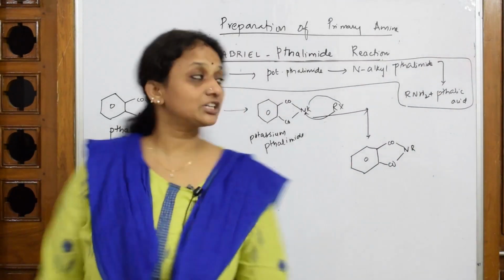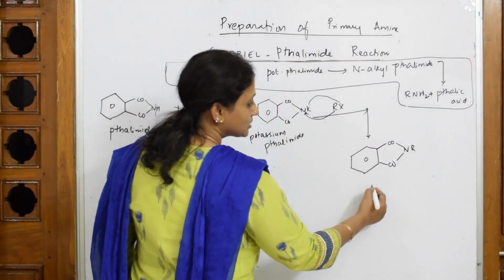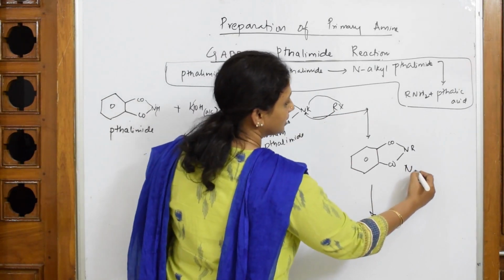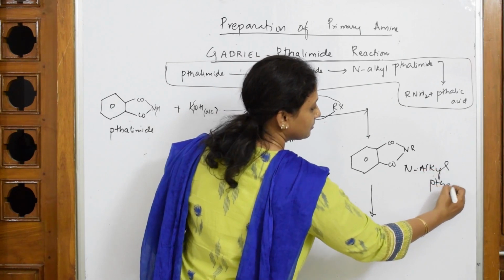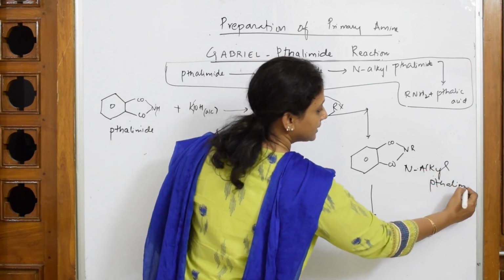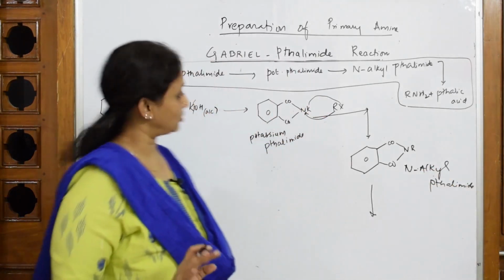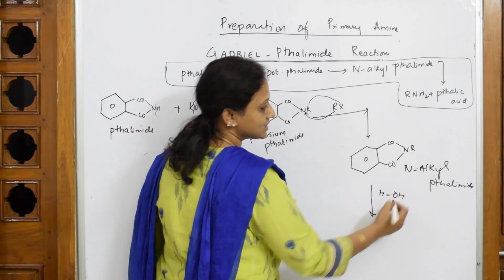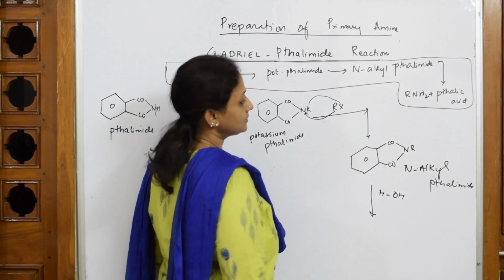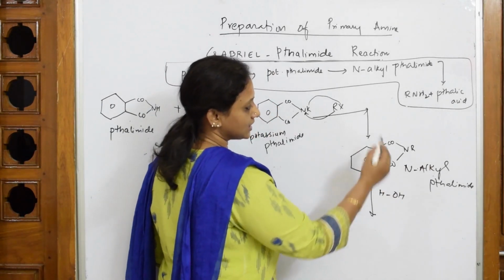Now still we have not completed. From phthalimide, suppose let us write N-alkyl phthalimide. Don't write A by mistake, it will go wrong. Now this N-alkyl phthalimide, further if you hydrolyze this, done. When you hydrolyze this reaction, what do you get?